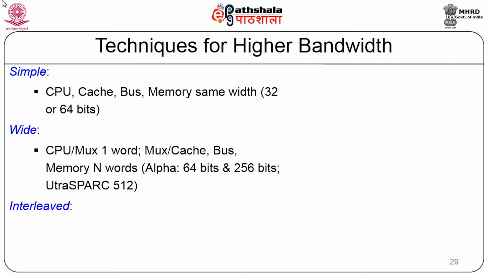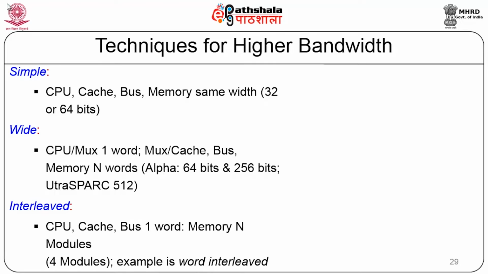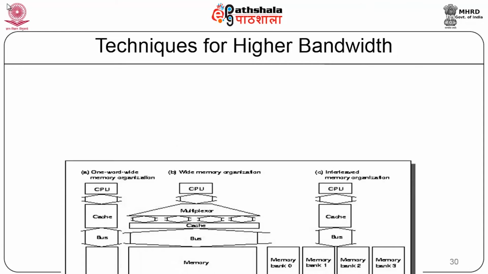Say Alpha supports 64-bit and 256-bit transfers, and UltraSPARC goes up to 512-bit transfers. The third technique is you can go in for an interleaved transfer. Interleaved transfer is where you try to do parallel access among the various memory modules that are available, and you access memory in a parallel fashion.